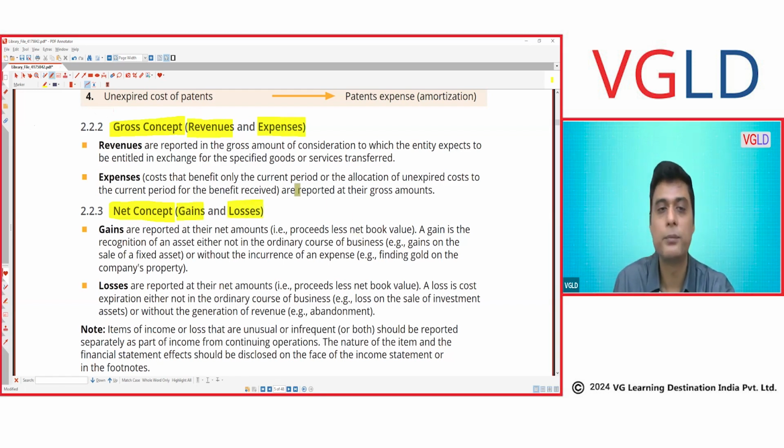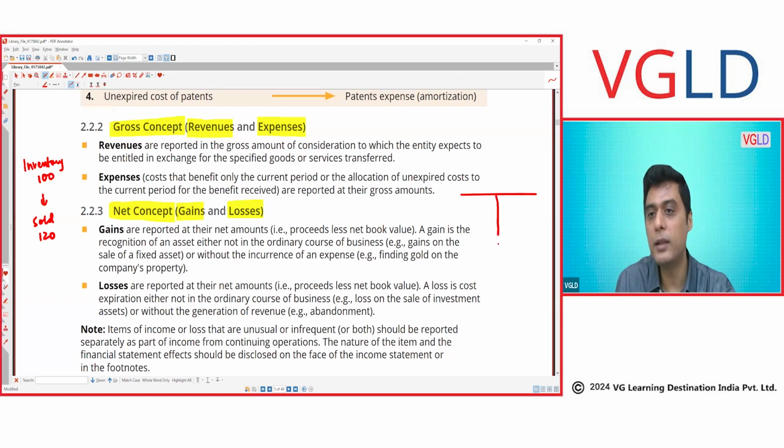What does this mean? What this means is that, suppose I have inventory of $100. I sold it for $120. When I prepare the income statement, I will show my revenue, my sale at 120 here, and I will show my cost of goods sold at 100 here. And therefore my gross margin will be 20.